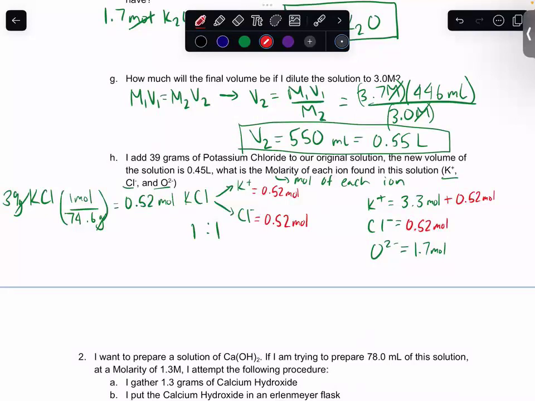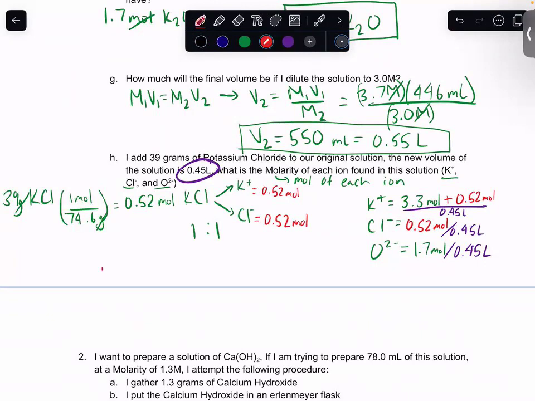Now that I have the total moles for each of these, I can divide by our new volume, which is 0.45 liters. And now I'm going to just rewrite everything a little bit over to the side.